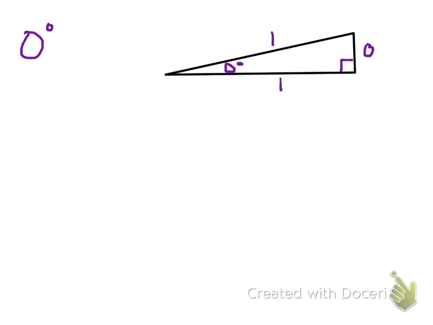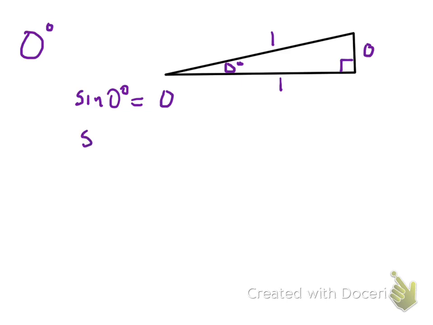Okay, now let's use this triangle to assign values to our 6 trig ratios. What is the sine of 0 degrees? Sine equals opposite over hypotenuse. 0 divided by 1 is 0.